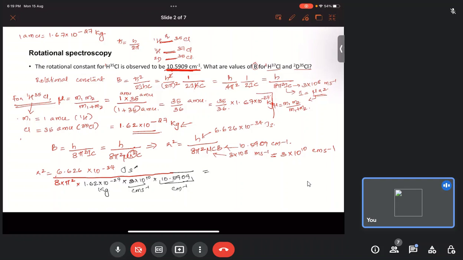Now when we do the math, we'll have 6.626 divided by 8 into pi square, 1.62, 3 into 10, 5909.